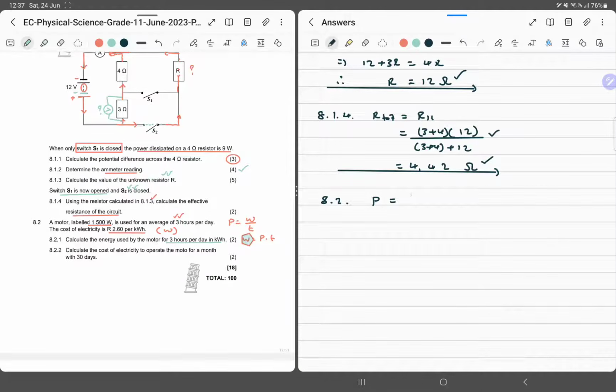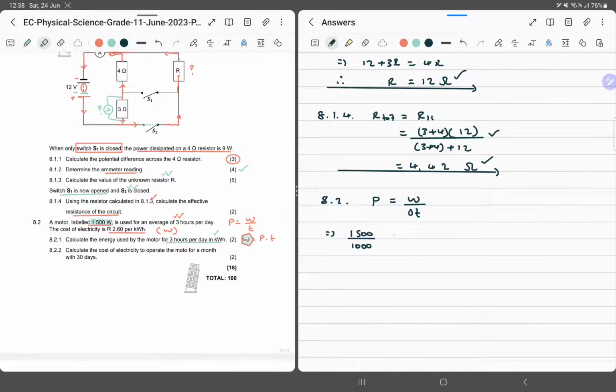Power is equal to the rate at which work is done. Okay, great. Now we want this one in kilowatt times hour. But now we've got this power given to us in watts. So we've got to divide that by 1,000. So we're going to have here 1,500 over 1,000.